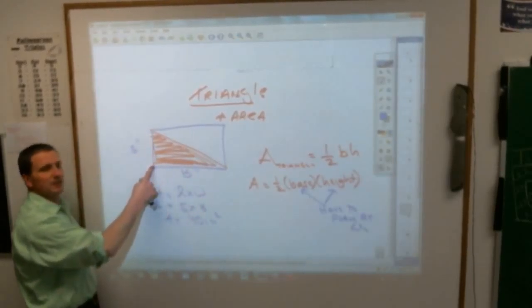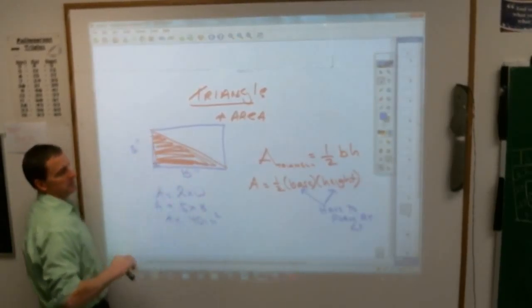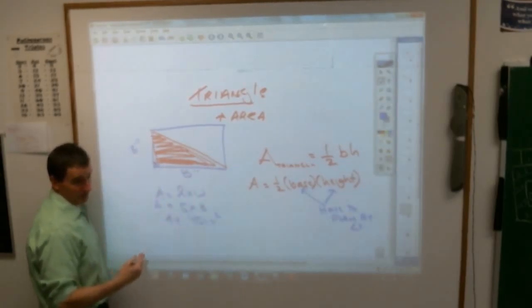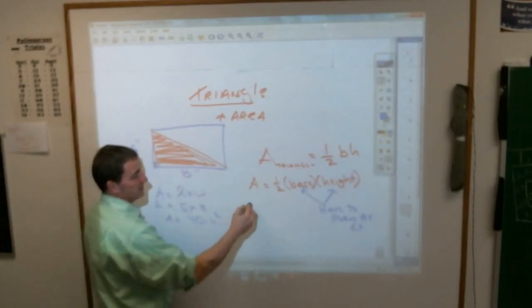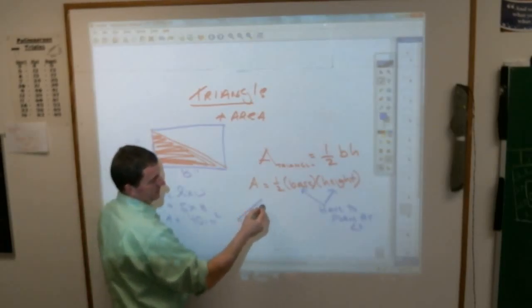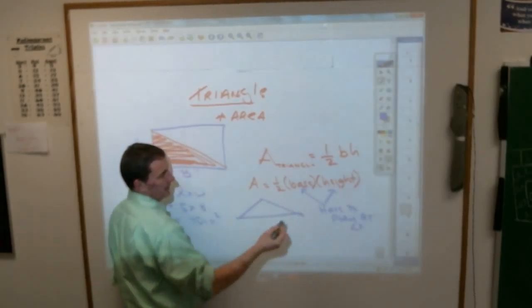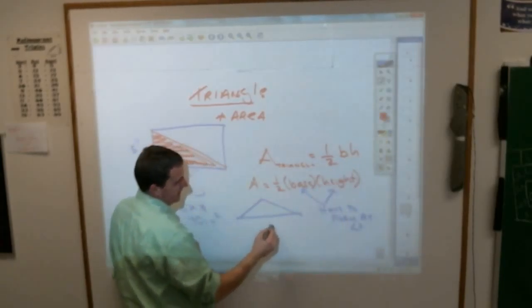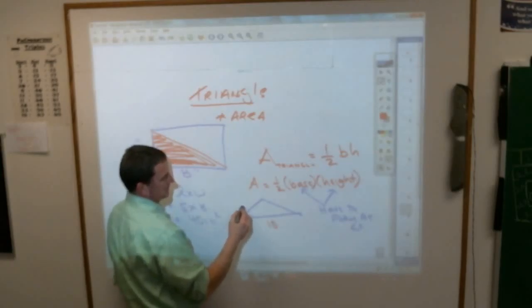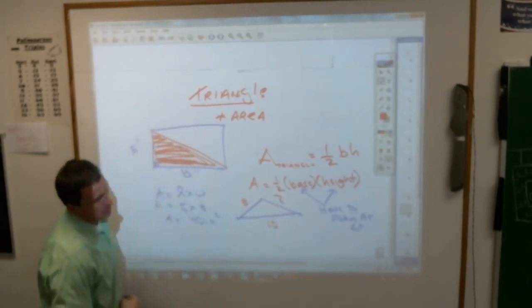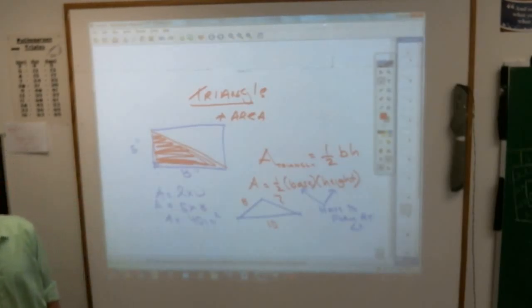When you have a right triangle like this, it doesn't matter because you only have those two sides, and they're already right angles. But if you have a triangle that doesn't have a right angle in it, let's say it's this triangle, and I have this side being 10, this side being 8, and that side being 7, what two numbers am I going to multiply together to find the area of that triangle?